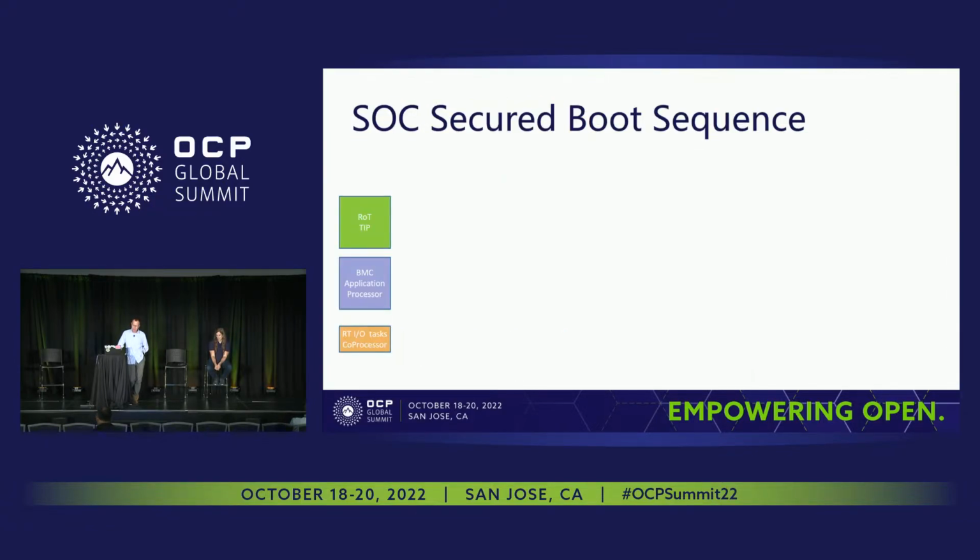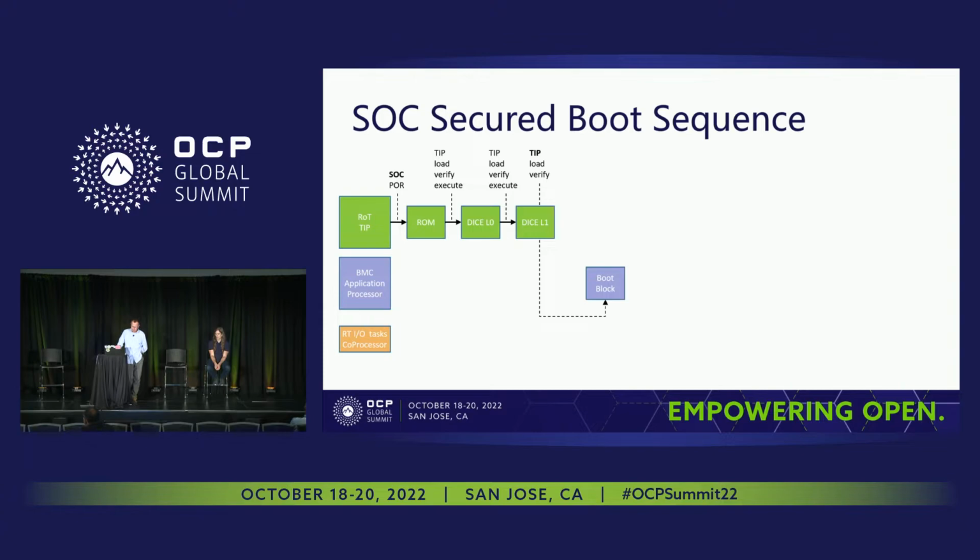Next, I would like to go through the secure boot sequence of the whole SoC. So first, as in every secure device, power on reset, the TIP would be booting from ROM and running the ROM code. It would use DICE to load, verify, and then execute the DICE layer 0, measure that, followed by DICE layer 1, which would be running the Cerberus.